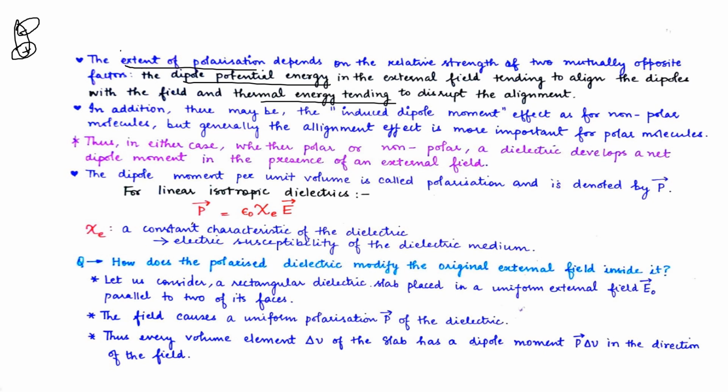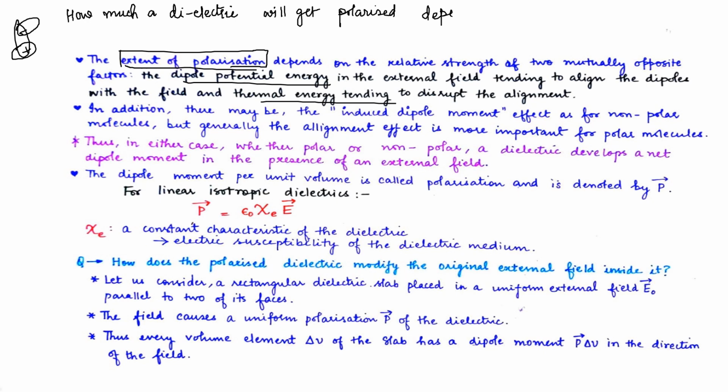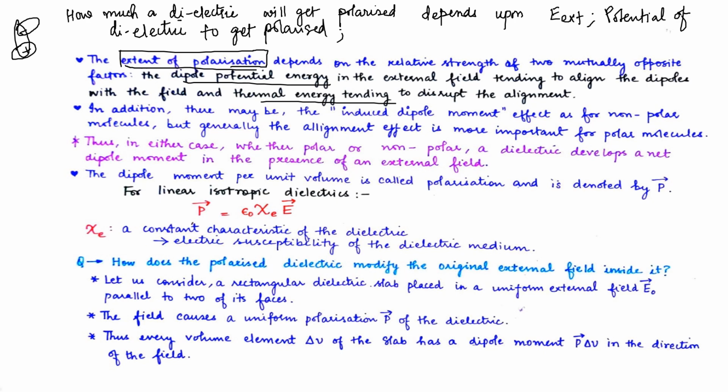So the extent of polarization, how much a dielectric will get polarized, depends upon the external electric field provided, the potential of the dielectric to get polarized, and these intermolecular attractions and repulsions, intramolecular attractions and repulsions.